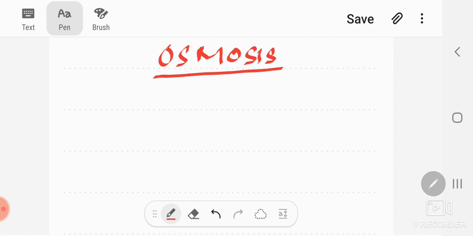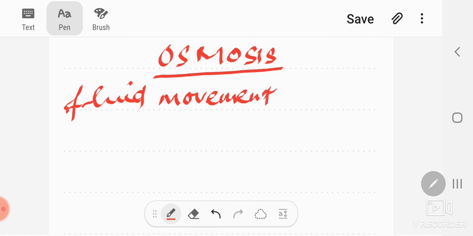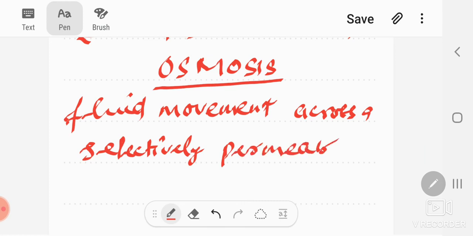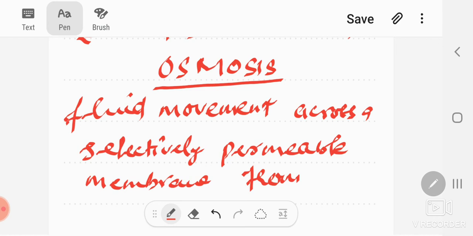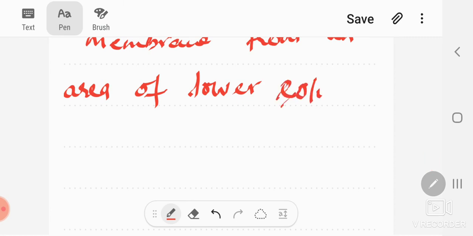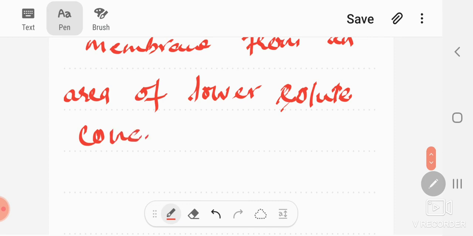In simplified terms, it means fluid movement across a semi-permeable membrane, or a selectively permeable membrane, from an area of lower solute concentration to higher solute concentration.